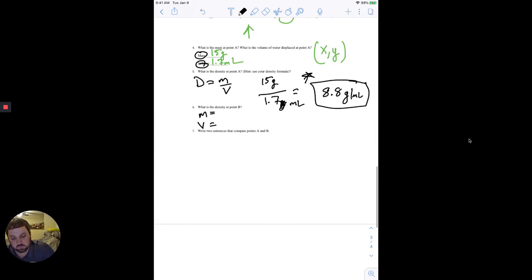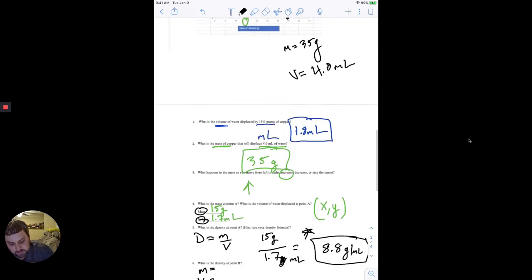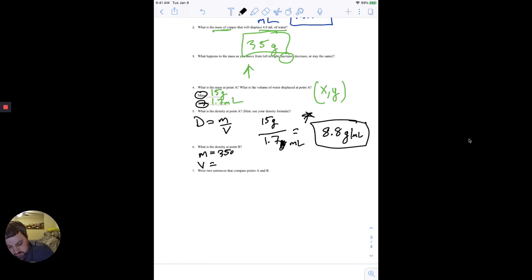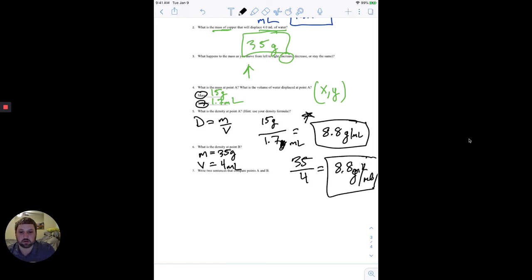And now we can do our math. So we said, again, 35 grams, 4 milliliters, and let's plug in our numbers. So 35 divided by 4 gives us 8.75, and we can go ahead and round that up to 8.8 grams per milliliter.